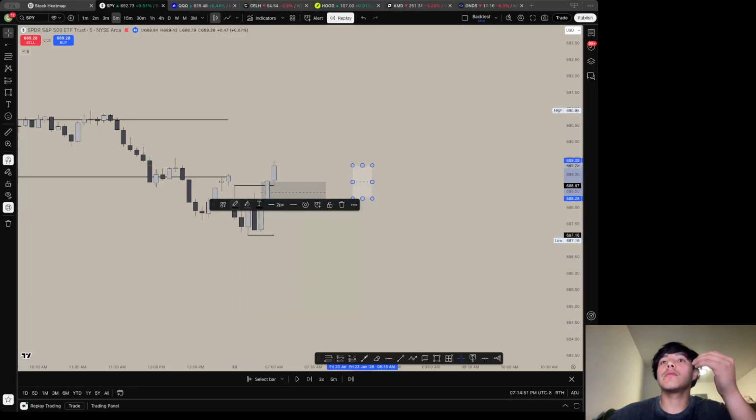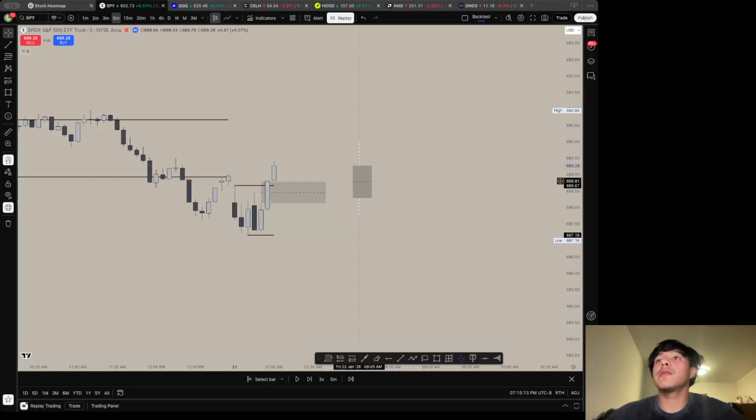So this would be a green candle, right? Basically, this tells you how high price went up, which is up here, and how low price went in that candle.